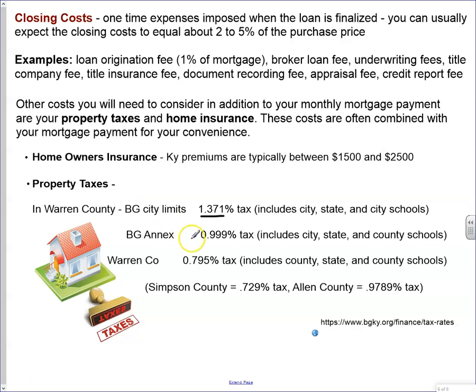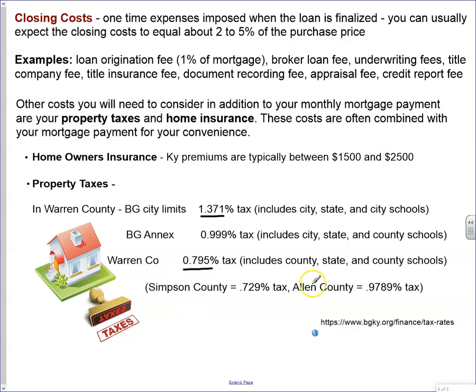And then Warren County would include Alvaton, most of Plano. When you're outside of the city limits and your kids go to county schools, then you have the lowest tax bracket. Then you're going to only pay about a 0.8% tax.